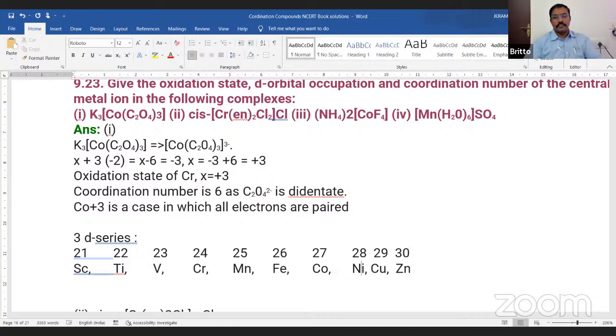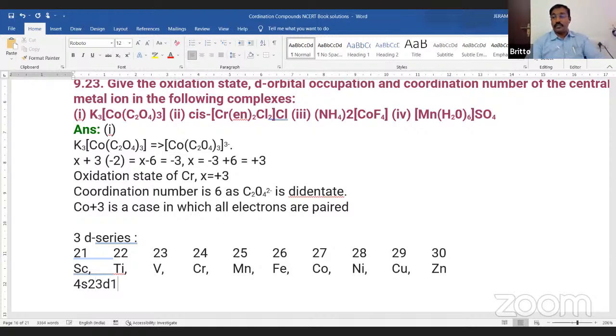It is good to learn the atomic number, mass number, and the electronic configuration, because it will be useful in many questions. Now, how do you write the configuration for 21? It is 4s2 3d1.